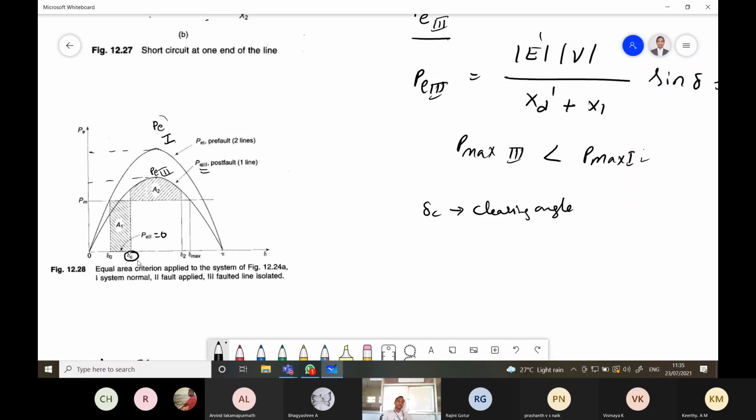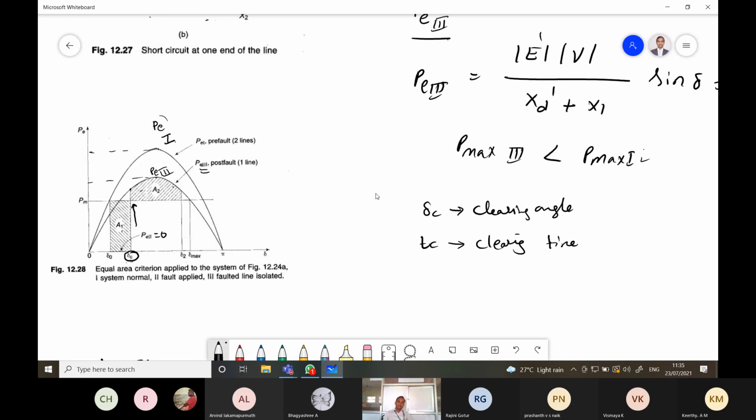When you clear the fault at delta C at time TC, that is the clearing time, your power jumps to this point. So this area is considered the accelerating area A1, and this rectangular area is the decelerating area A2. Both are equal, so you will get stability.